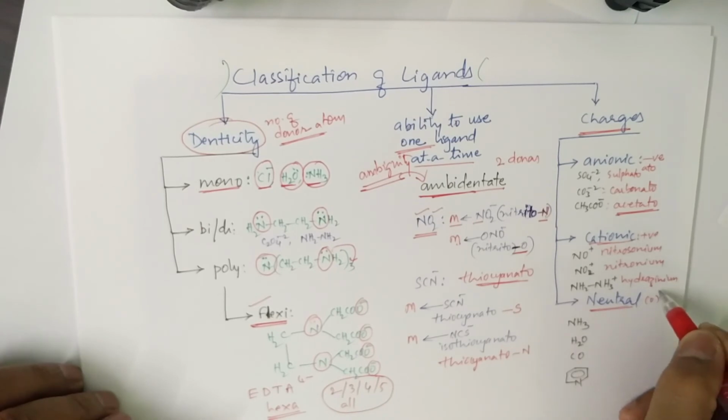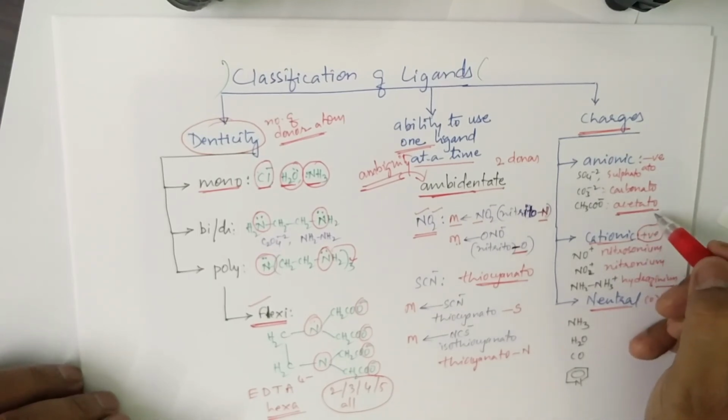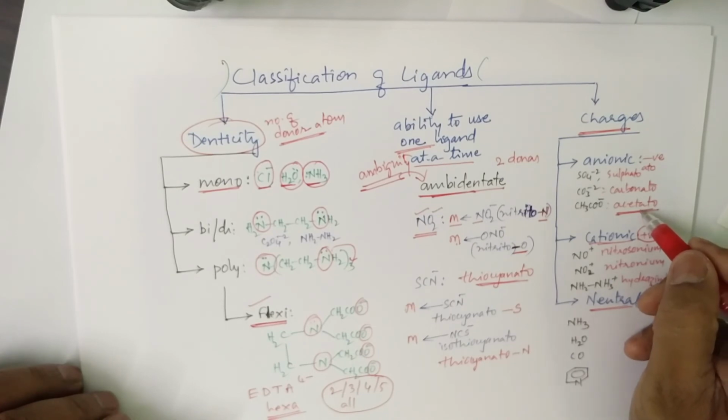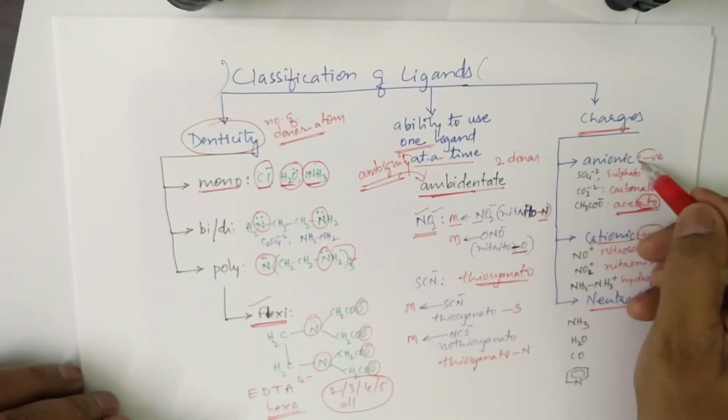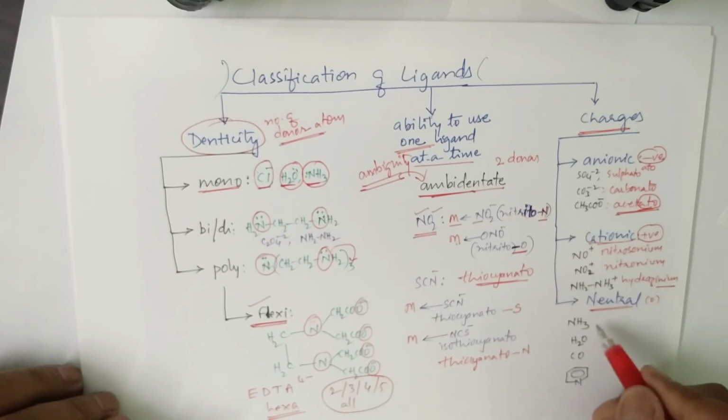Just look at this name. If the name of the ligand ends with ium, then it is a positively charged ligand. If the name of the ligand ends with ato, then it's a negatively charged ligand. Whereas there is no such special ending in the name for neutral ligands.